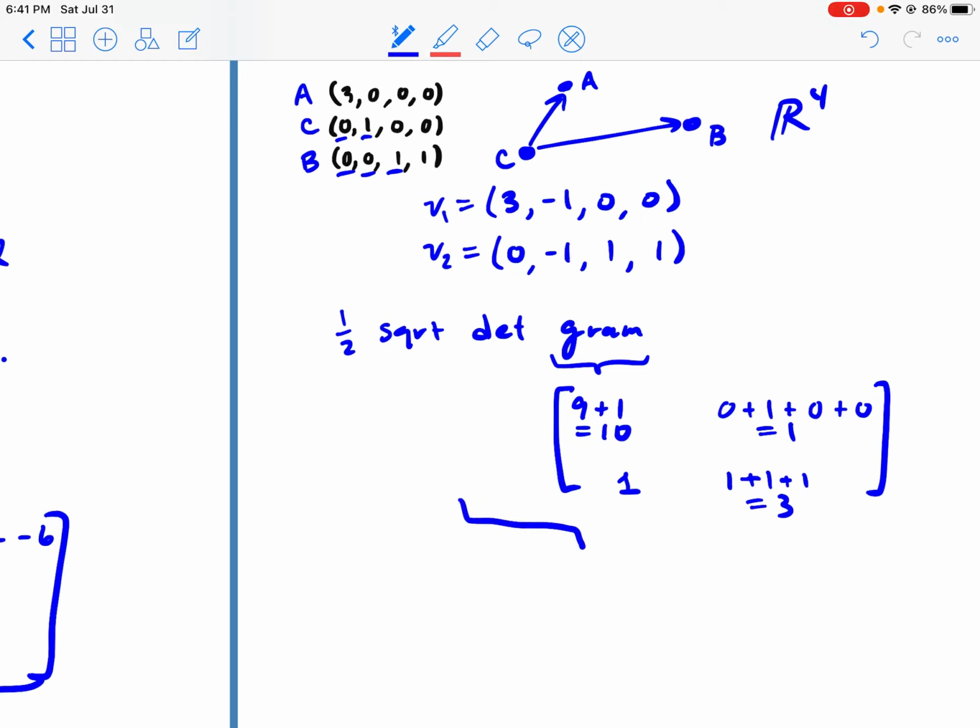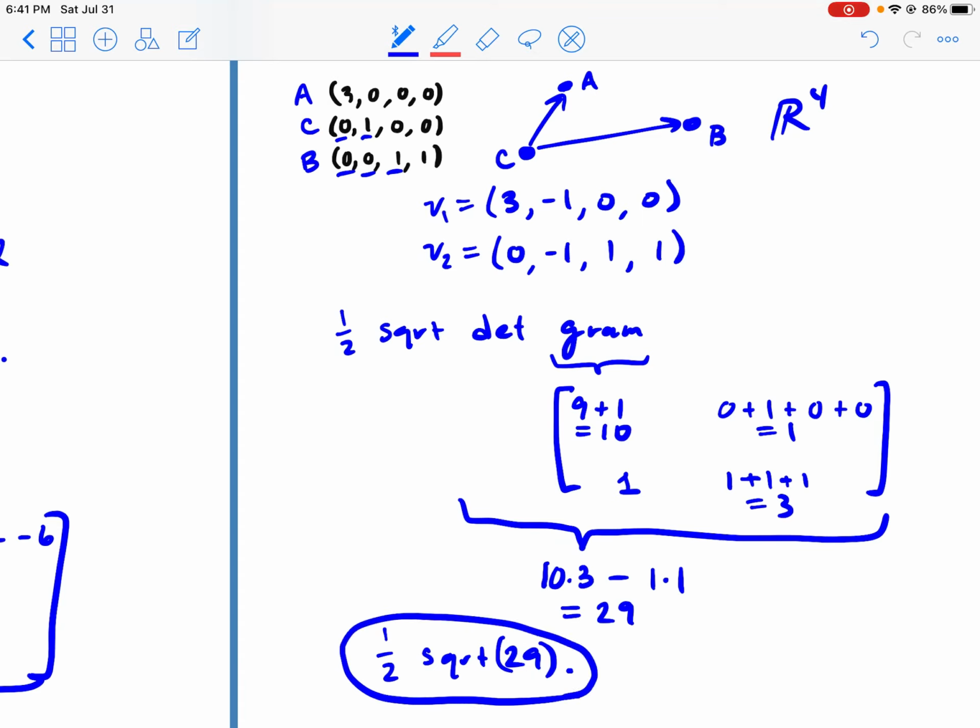Okay, so what's the determinant of this 2 by 2 matrix? It's 10 times 3 minus 1 times 1. 30 minus 1 is 29. So the answer is 1/2 of the square root of 29.